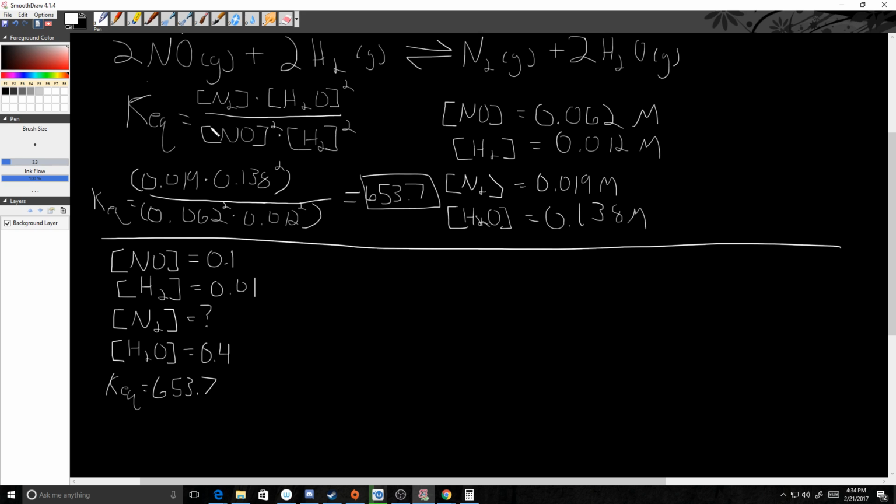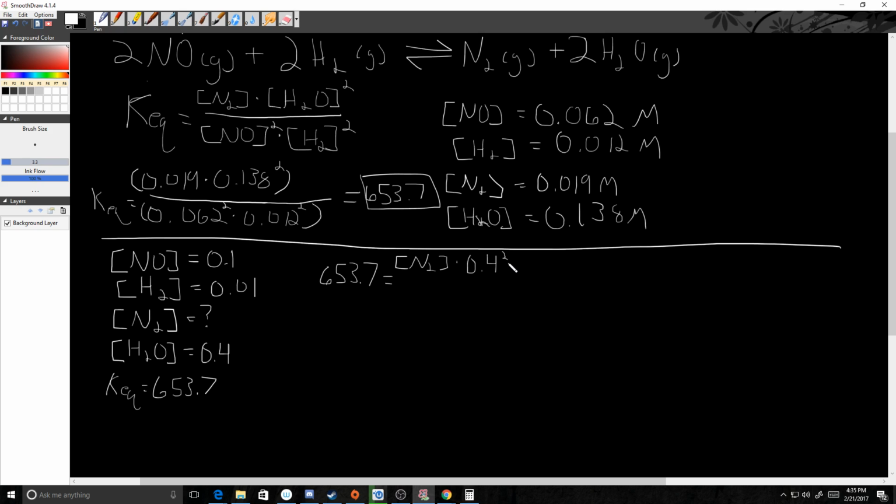So still, this is just going to be basic algebra here. So the KEQ, we said, was 653.7. We're going to set that equal to the concentration of the N2, which is what I'm looking for, times the concentration of the H2O squared. So the concentration of the H2O we said was 0.4.